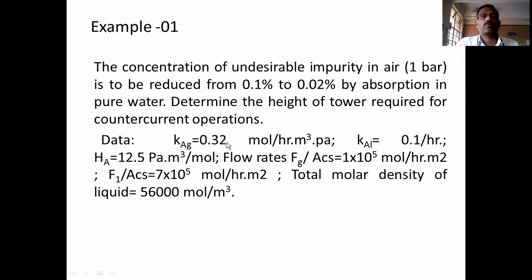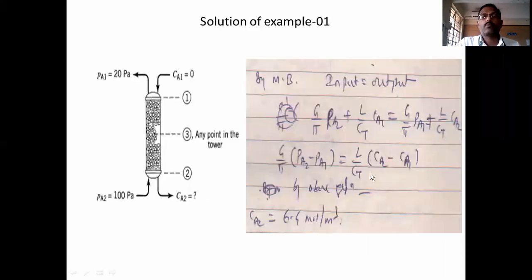The mass transfer coefficients in the gas stream and liquid stream, and HA, are given here. Pi is the total pressure, given as 1 bar. Put all these values here and calculate CA2. After solution, we get CA2 equal to 6.4 mole per meter cube.